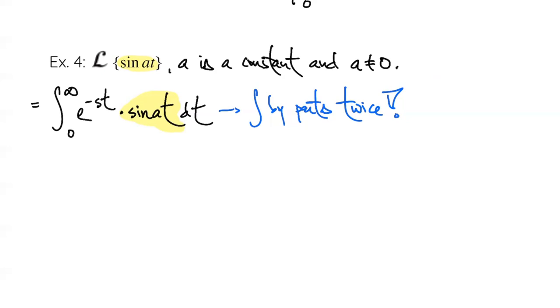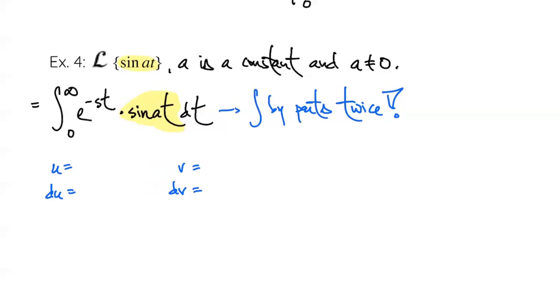All right, so let's get started with our integration by parts. I always like to set up my u, my du, my dv, and my v. Depending on what you choose for your u and dv, there's a little bit more choice because it is exponential and trig.